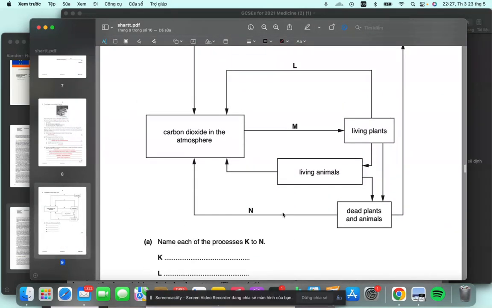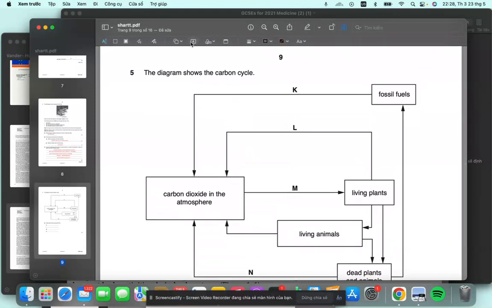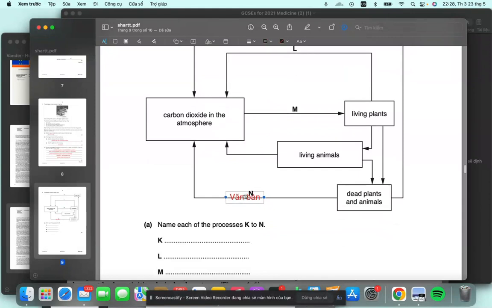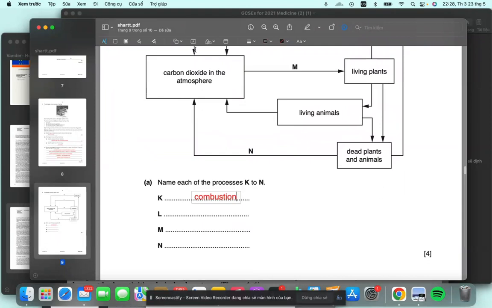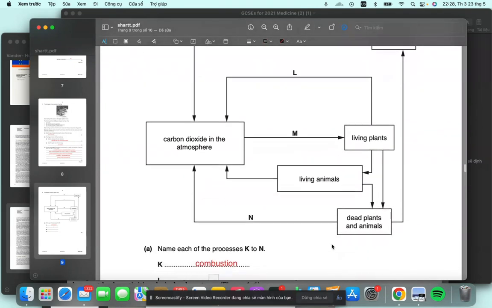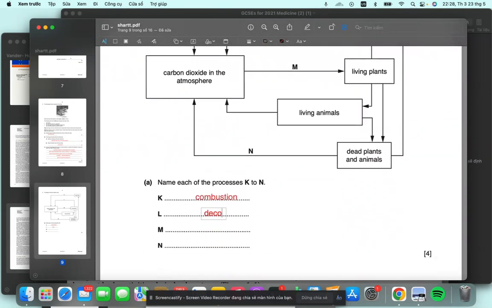Name each process from K to N. Fossil fuel, so K would be combustion. L, living plants. D, decomposition. What M is carbon dioxide. What, photosynthesis.